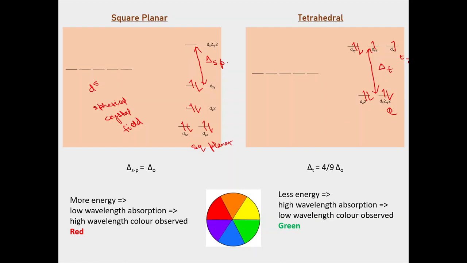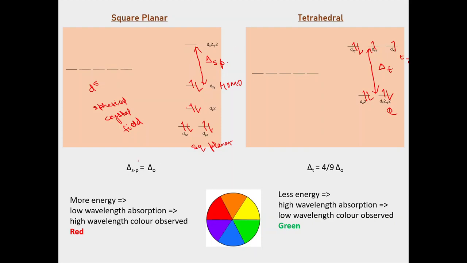In this case, the transition is that one electron from here gets transited to one of the T2 orbitals. And in this case, we get the red color because of the transition of one electron from this HOMO, that is dxy, to dx square minus y square. Okay.